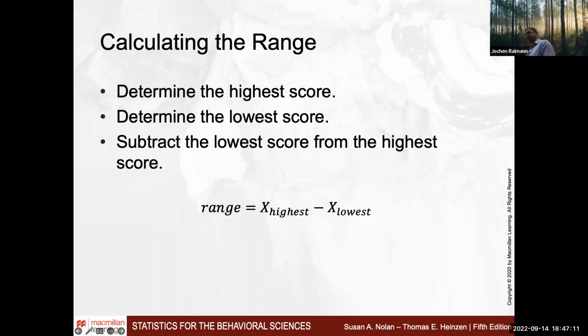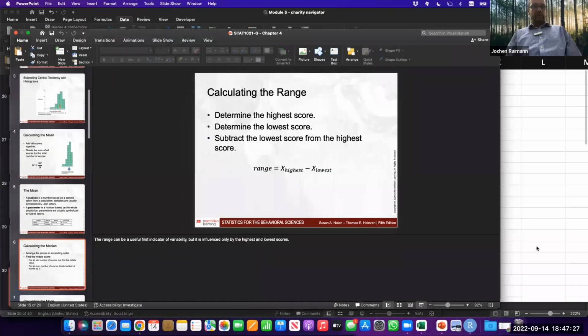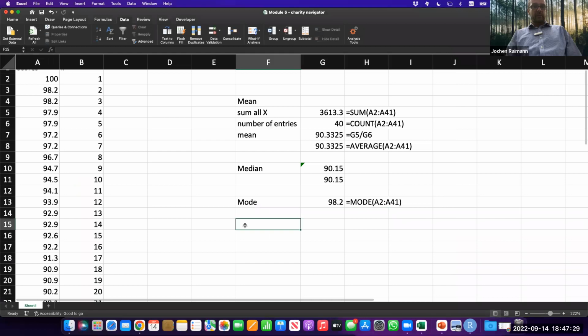You need to find the highest score and the lowest score, and you calculate the difference between both. That's your range of data. Easily done, by calculating a min, a max, and then the range is the difference between both.